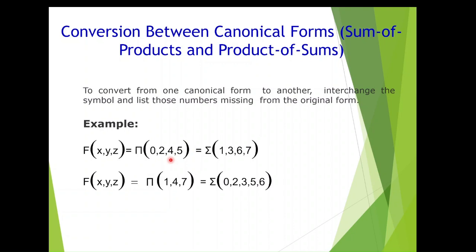And another thing is conversion between canonical forms, means sum of product and product of sum. That is very simple. For example, f of x, y, z, if I have pi, that is the max terms, 0, 2, 4, 5, then if I want the SOP form, then the remaining terms, whichever is not there, that we have to write.